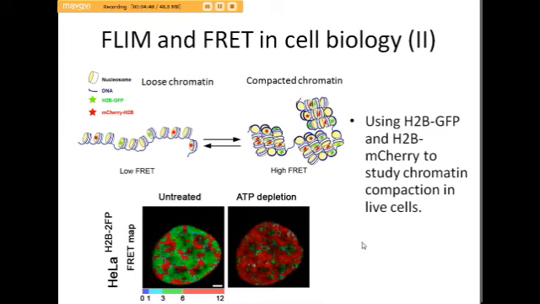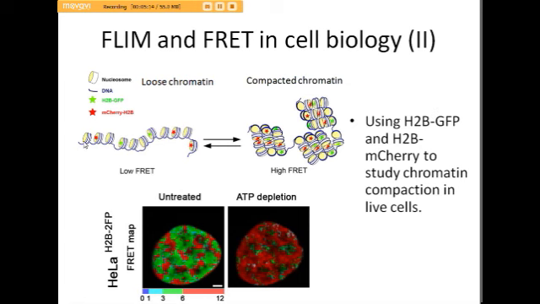After establishing GFP and mCherry as a valid FRET pair, we could use FRET to study chromatin compaction. Here we use histone 2B fused to GFP and histone 2B fused to mCherry, both transfected into the cell, and the cell expresses both. The GFP or mCherry are incorporated loosely into nucleosomes because histone 2B is one subunit of the nucleosome.